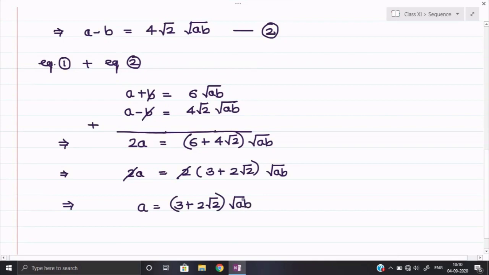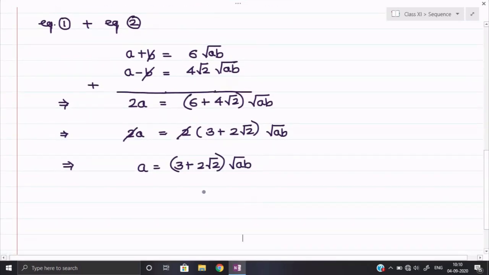This value of A we can put either in equation 1 or in equation 2. So let us put it in equation 1. So we can say that therefore by equation 1. Okay, what is equation 1? We have A plus B is equal to 6 times under root of AB.